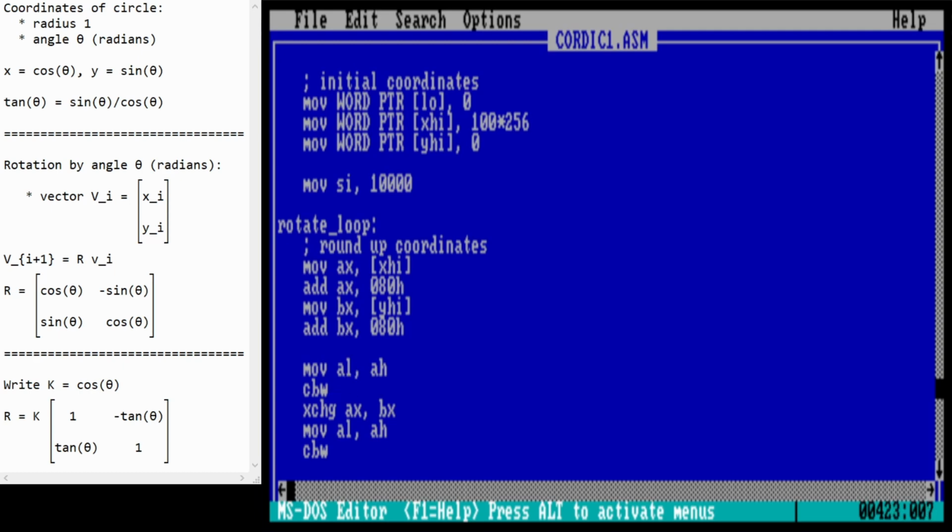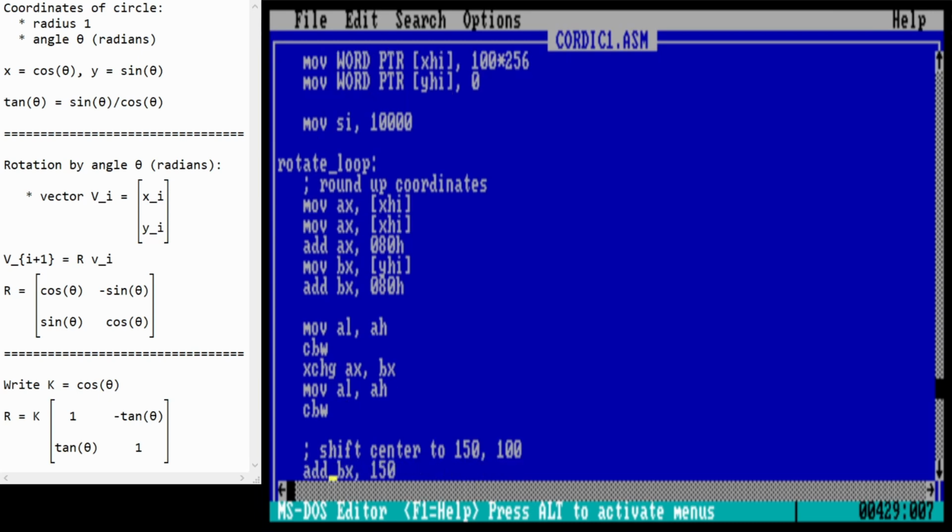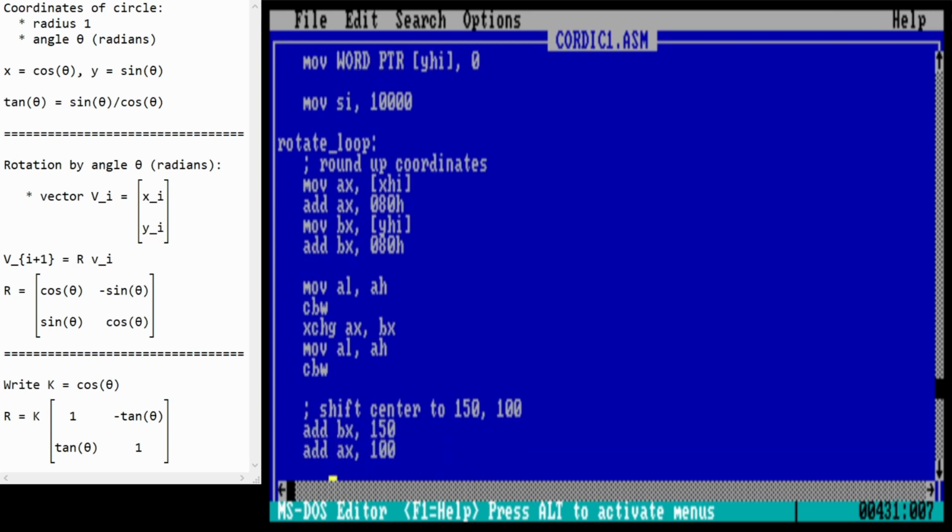It sign extends a byte to a word, in particular AL to AX. And so we put one of the coordinates into AL, sign extend, and then we switch them about so we can do exactly the same thing with the other coordinate and sign extend that to 16 bits. So now we have 2 integer coordinates in 16-bit registers.